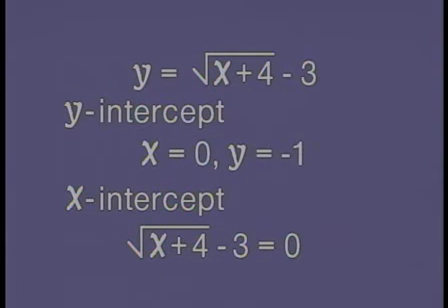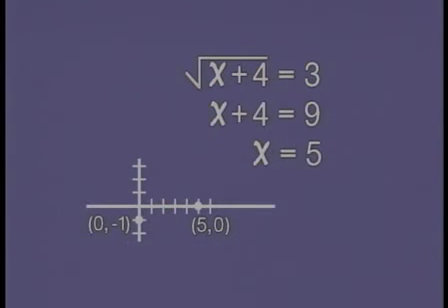Now we need to solve that. In the next visual we've solved the square root of x plus 4 equals 3. We square both sides and we get eventually x equals 5. And at the bottom of that visual we can see we've plotted 2 points. We've plotted the y-intercept (0, -1). We've plotted the x-intercept (5, 0).